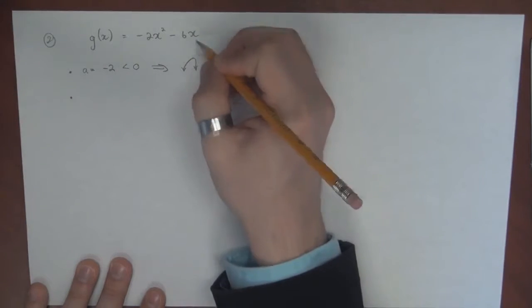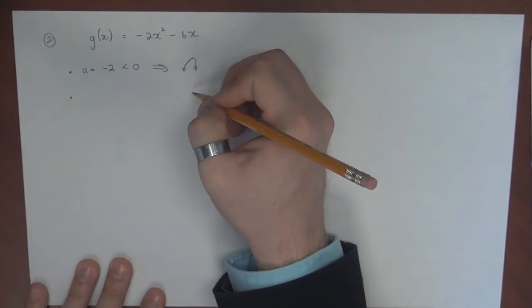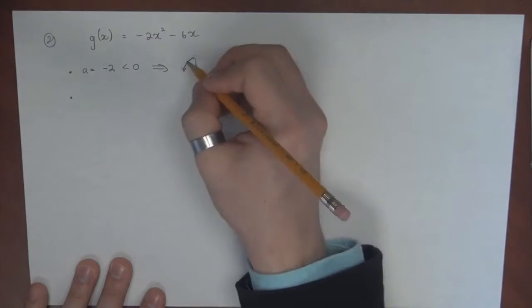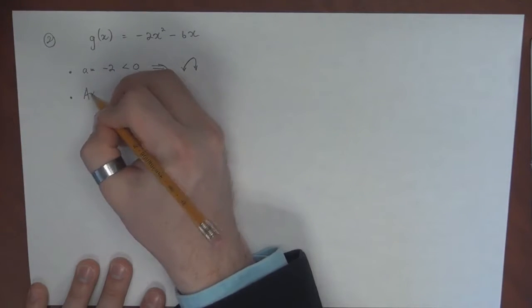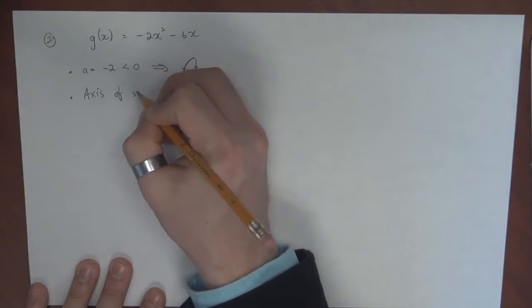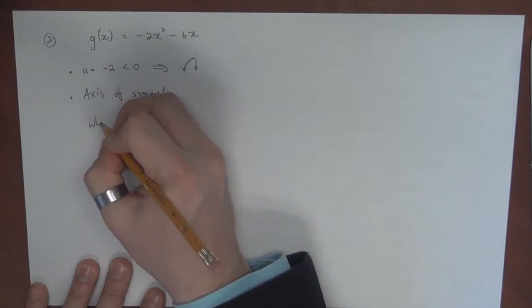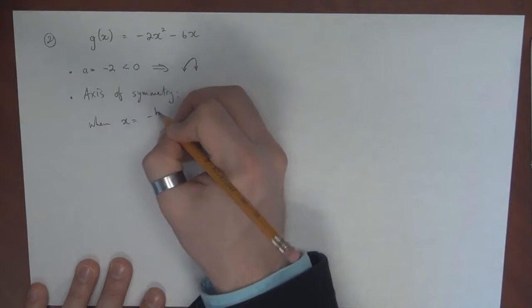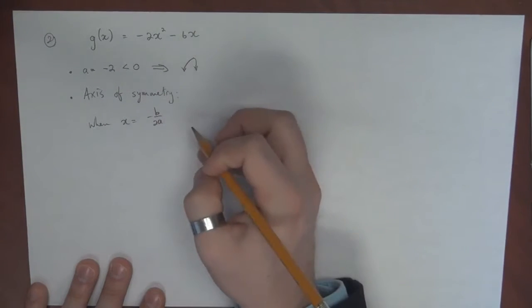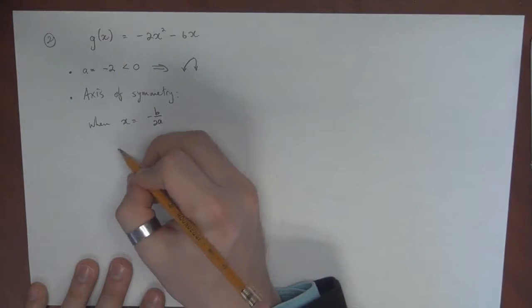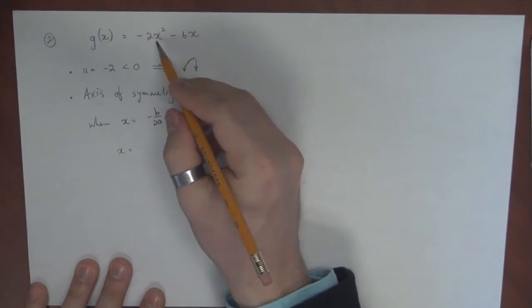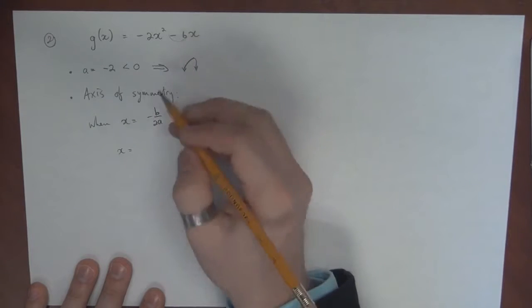What x value? Where does that sit on my graph? Well, for that I need to find the axis of symmetry, and that is when x is equal to negative b over 2a. So x is then, well, that is b, negative 6.